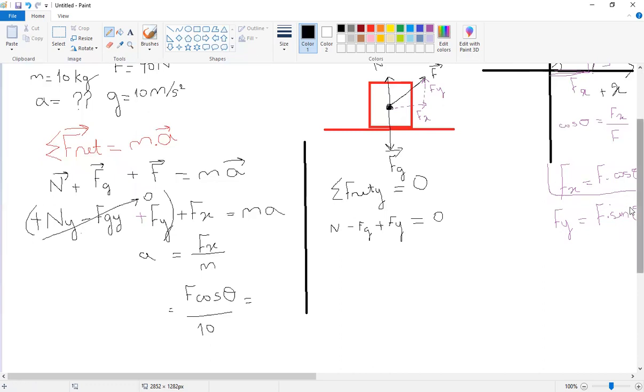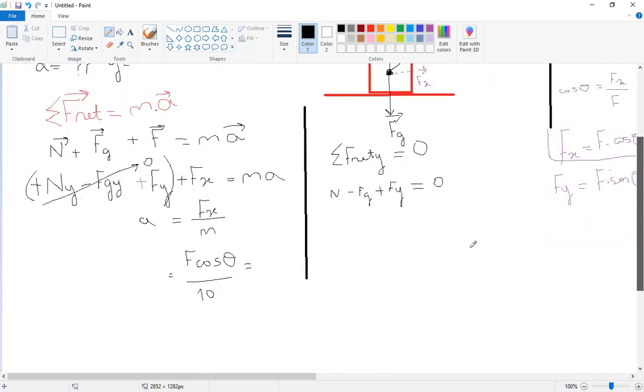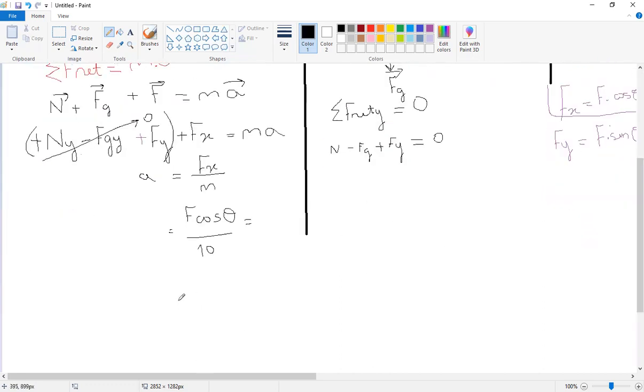F, the force, is equal to 40 Newton. So a is 40 times cosine theta, theta is 37 degrees, cosine 37 degrees over 10. Okay, let me give you the answer right now.